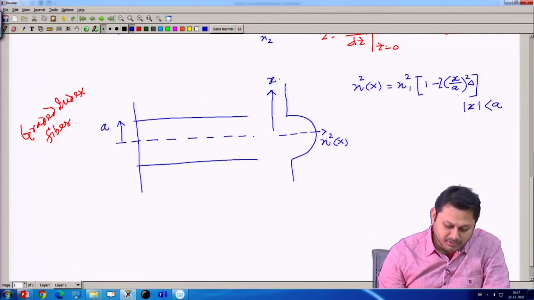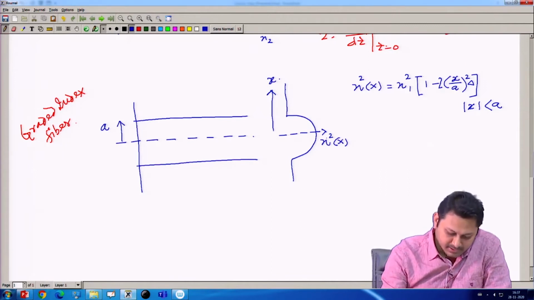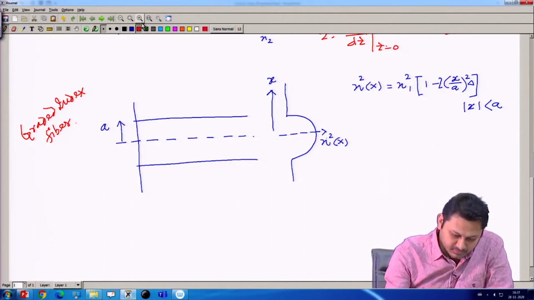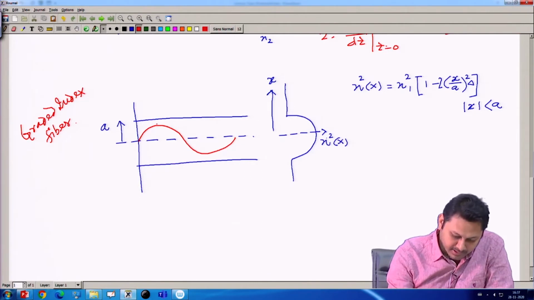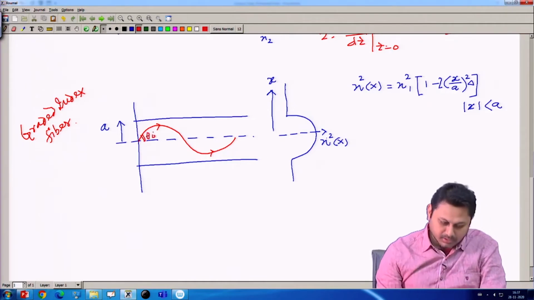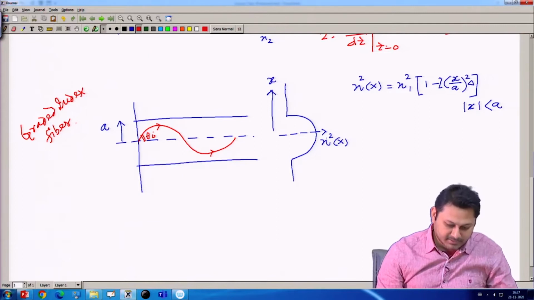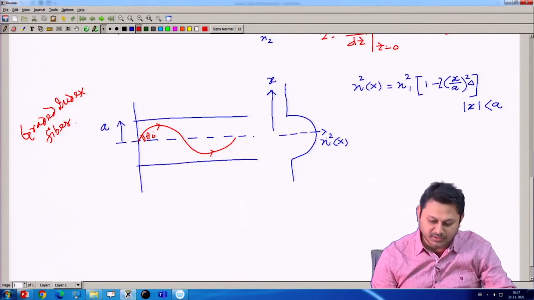In this particular fiber, where we have a refractive index having this particular form, which we call the parabolic index, we find the ray that is passing is following a sinusoidal path. If this is my initial angle theta 0, then the equation we had has a sinusoidal form.